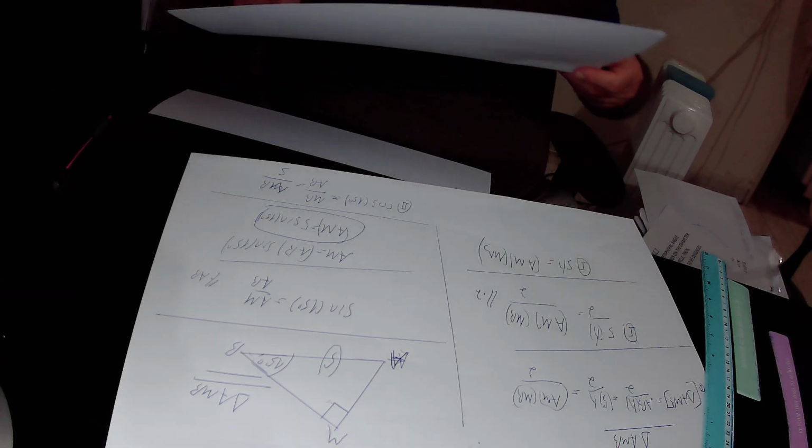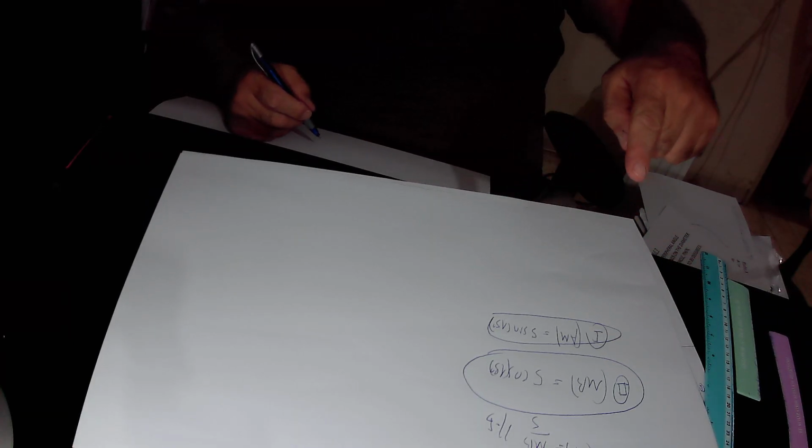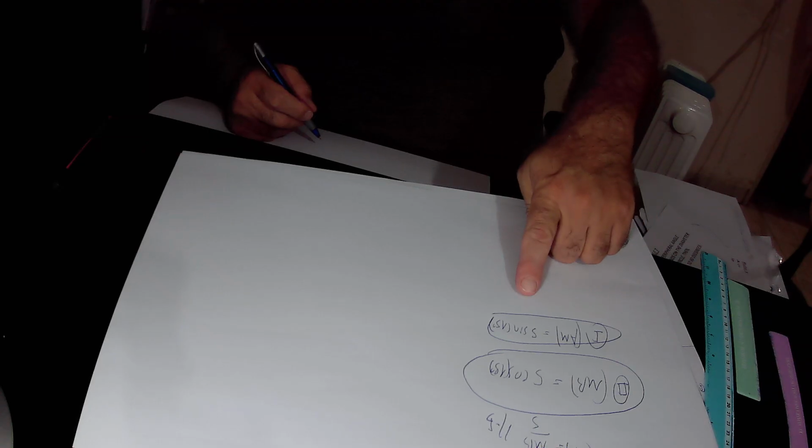So far we found that side MB equals 5 times cosine 15 degrees, and side AM equals 5 times sine 15 degrees.